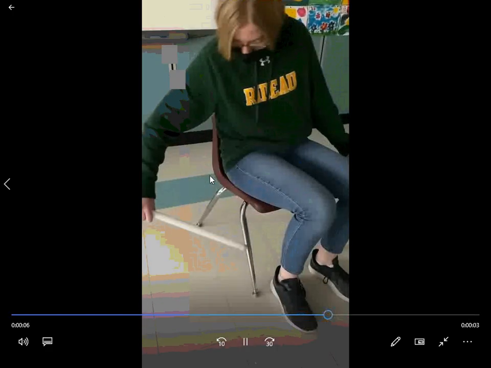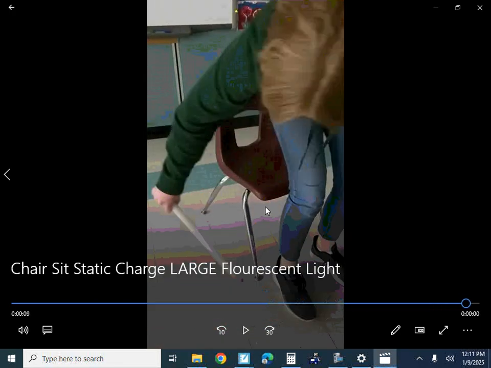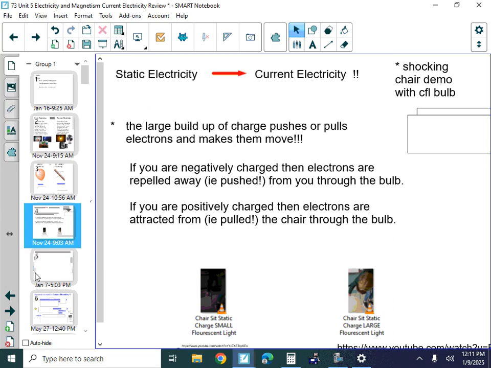It's not even dark in the room and you can see it flashing. You can just sit down, stand up, and so on. Just the act of coming into contact and then separating separates charge. Obviously, that's not a typical way of lighting light bulbs.